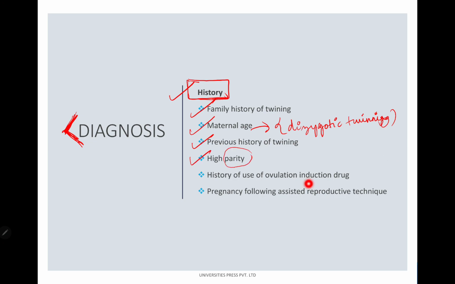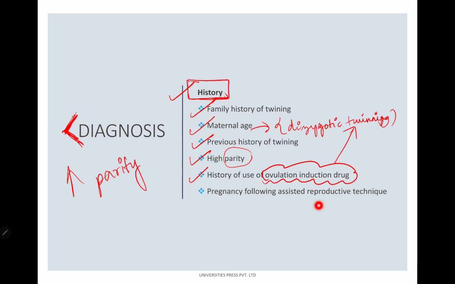Yes, like the parity, the number of pregnancies, the number of times she's pregnant. If it is a high parity, if the parity is increased, then there is a high chance that she might be having multiple pregnancy. Then history of use of ovulation induction drugs. Again, this is applicable to only dizygotic twinning.